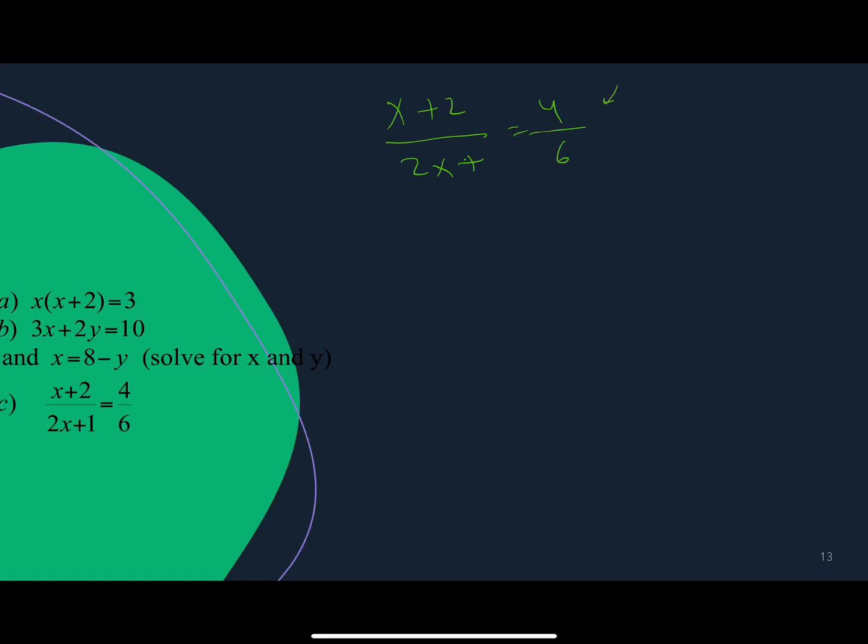So we multiply by 6 by 4 multiplied by x plus 2, and then you have 2x plus 1, and then 4 by 6 multiplied by 6.